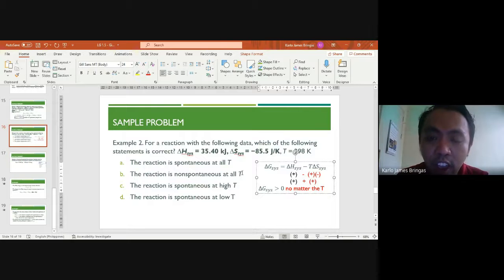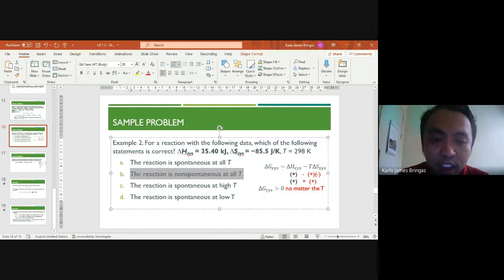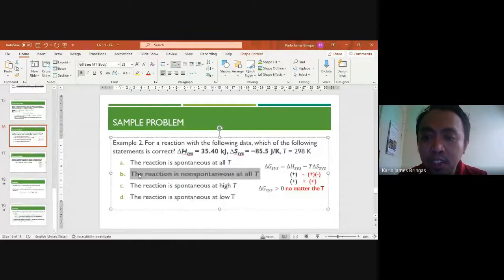So that is how we're able to arrive at the answer na letter B. Kahit na anong taas pa natin ng temperature dito, we can never get a delta G that's negative in sign. So we conclude na the reaction is non-spontaneous for all temperatures.